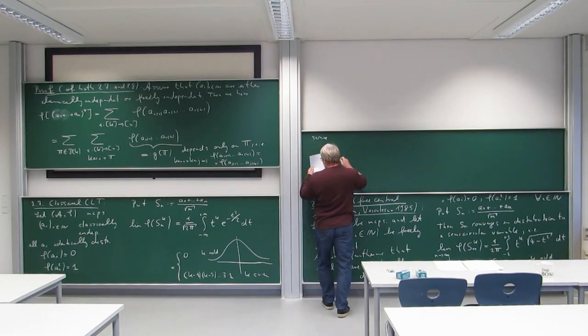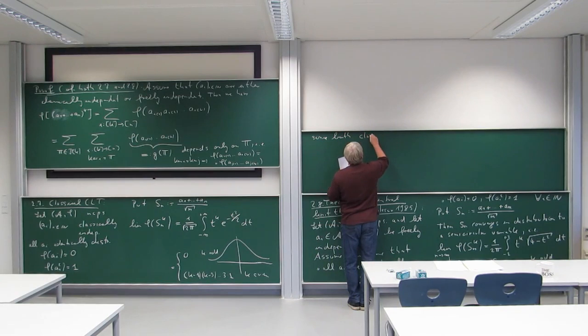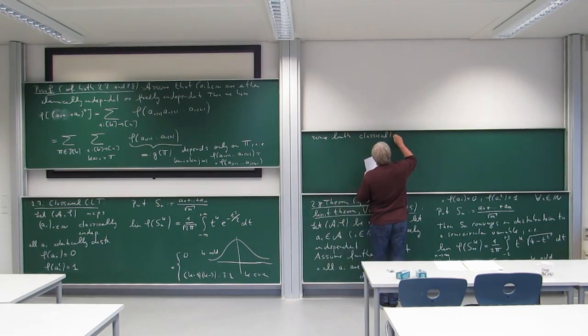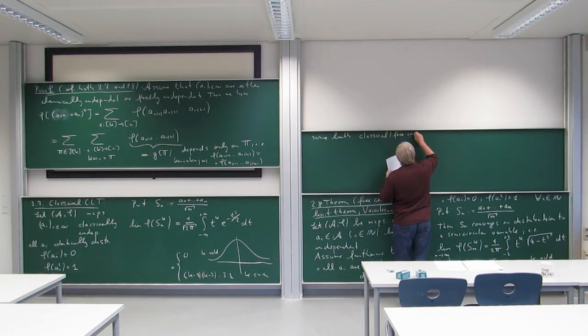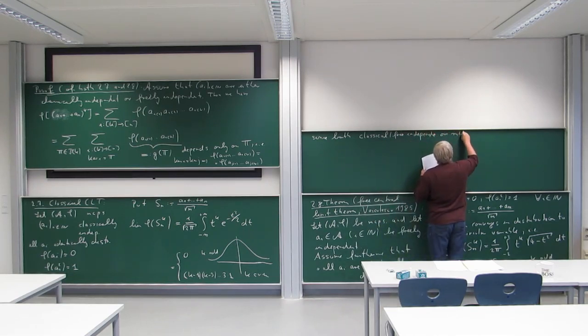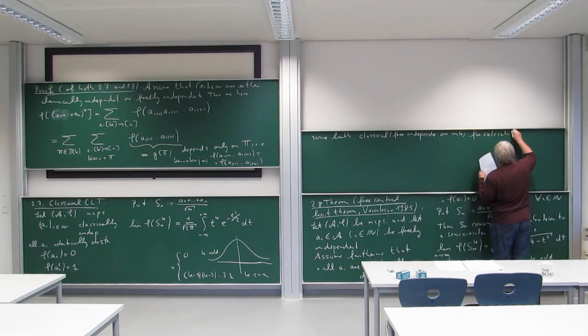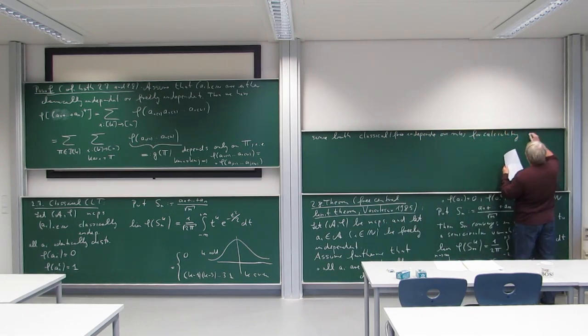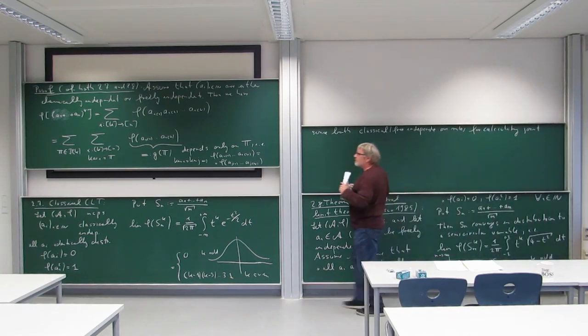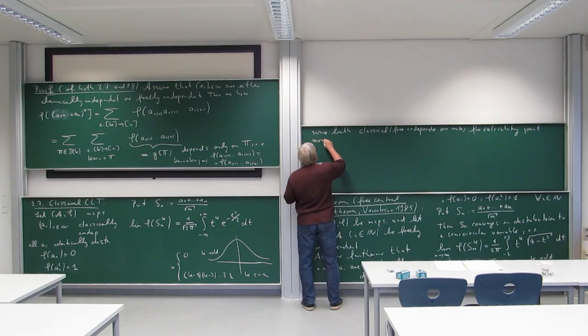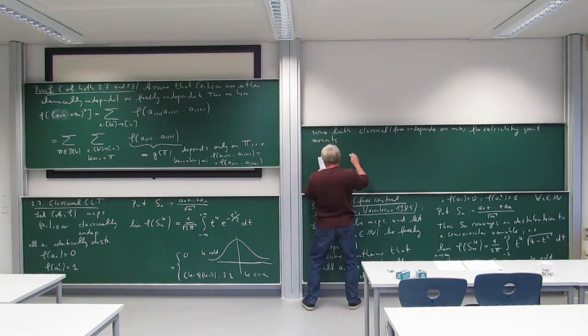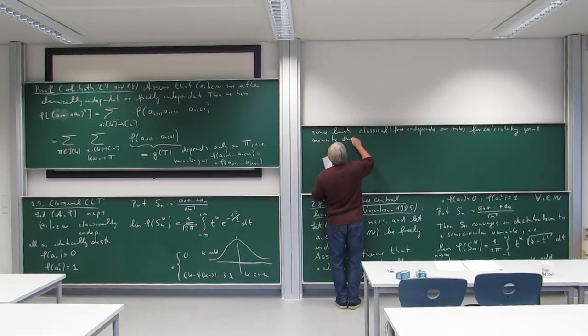So both our assumptions, either classical or free independence, are rules for calculating joint moments of my variables from the individual moments.